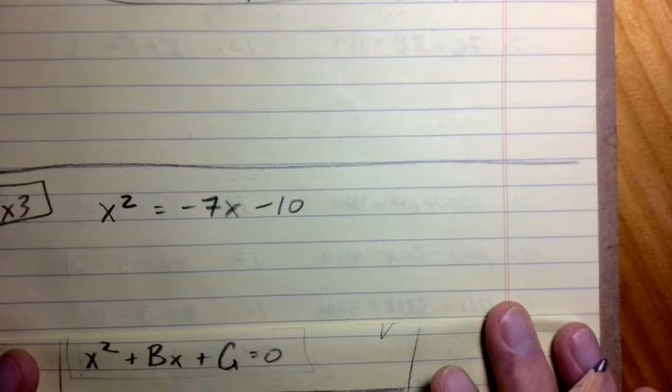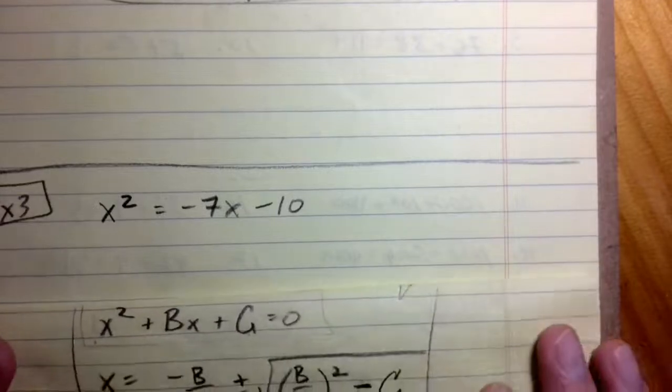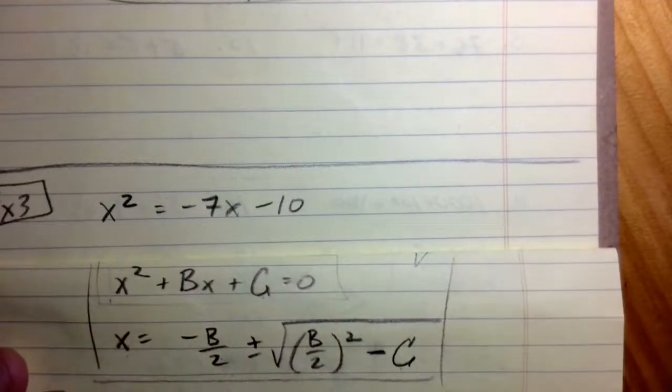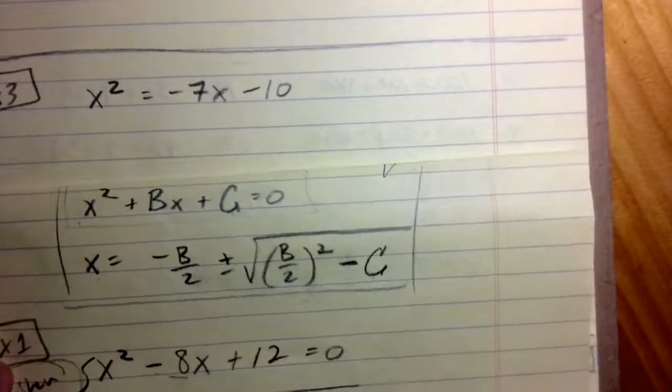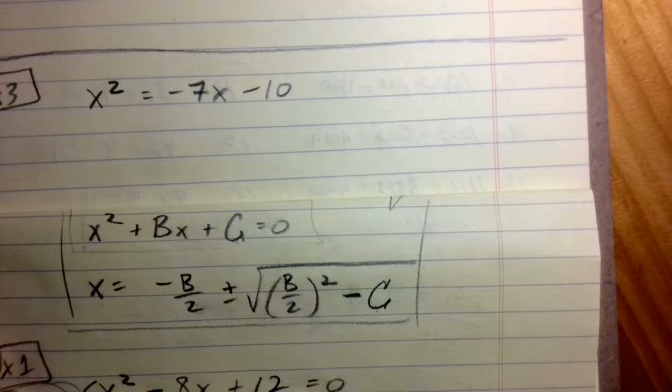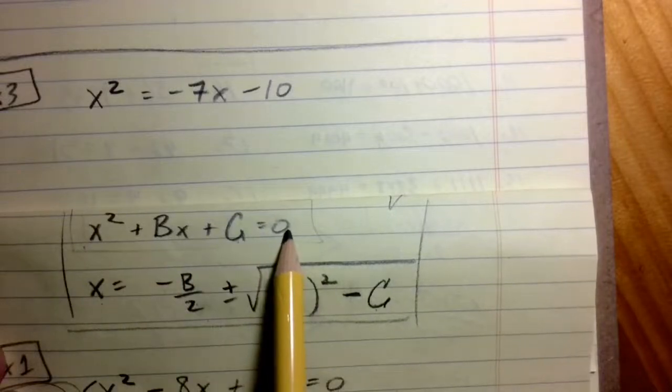Let's take a look at another one I've got on our plan here. So now this problem, x squared minus 7x minus 10, we don't have an equation set equal to 0.